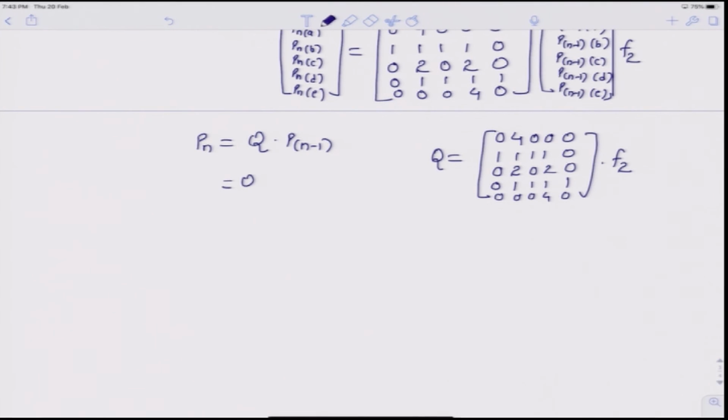So, we can write this as Q square Pn minus 2, this should be Q cube Pn minus 3, and if we keep writing this, we can write Pn is equal to Q to the power n times P0, where P0 is the probability matrix that the vacancy will be at the site S after making 0 jumps.